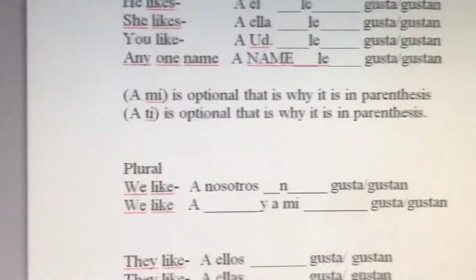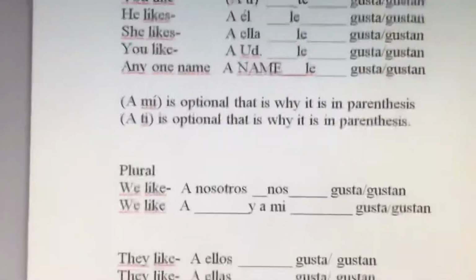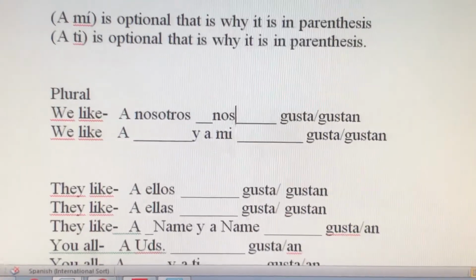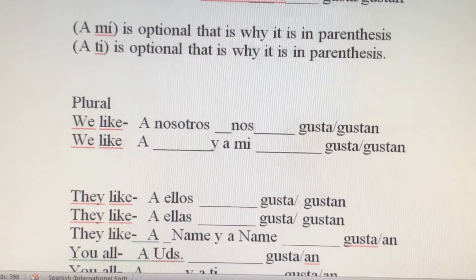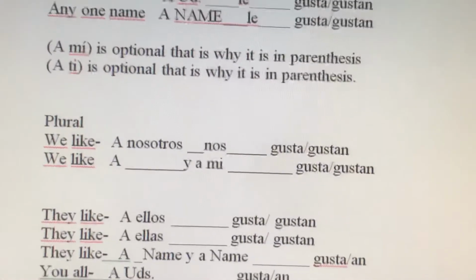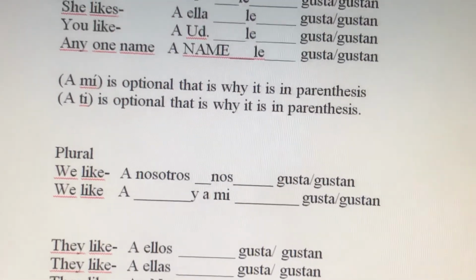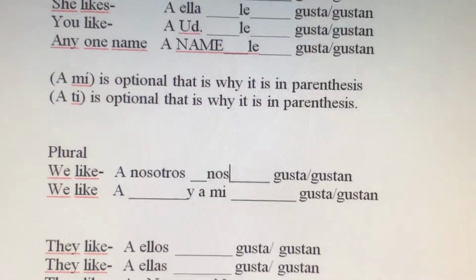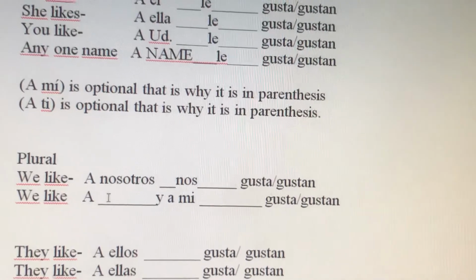The nosotros one is also optional because, as you can see, the only thing that goes with nosotros is nos. So a nosotros is also optional. When I push these notes out to y'all, I'll put the a nosotros in parentheses so you can realize it's optional. And then this is going to be any name here.